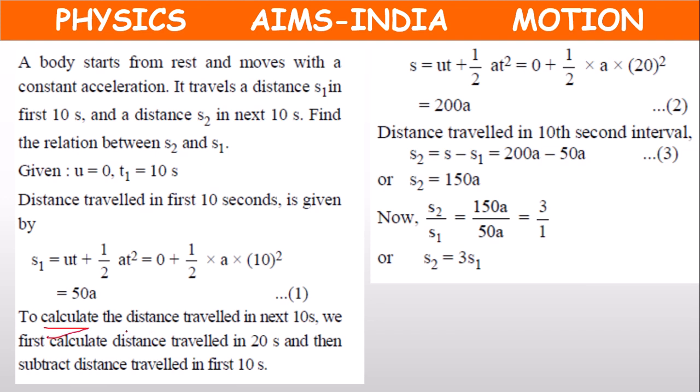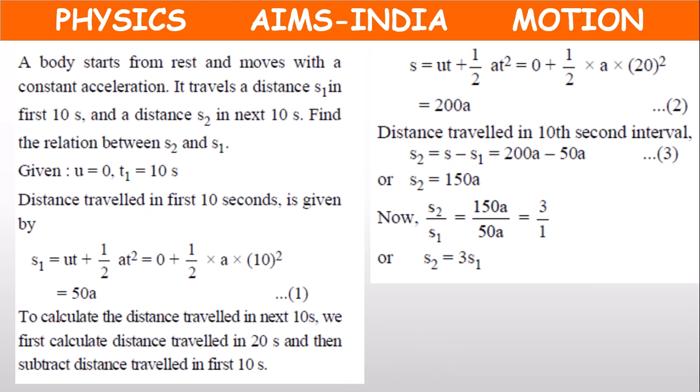So to calculate the distance traveled in the next 10 seconds, we have to calculate the distance traveled in 20 seconds. Then we can subtract the distance traveled in the first 10 seconds, so that in the next 10 seconds, how much distance traveled will come.